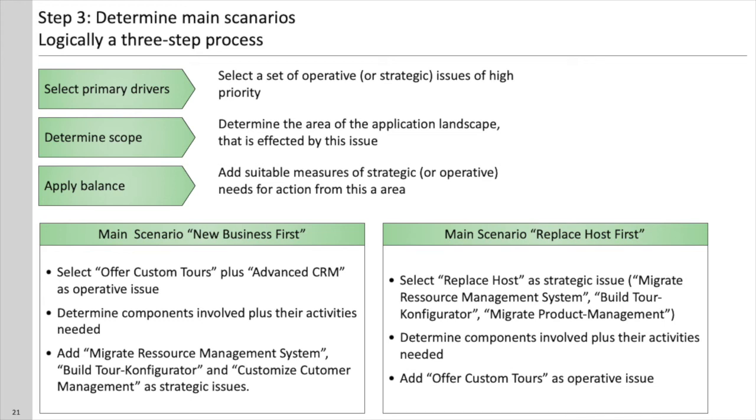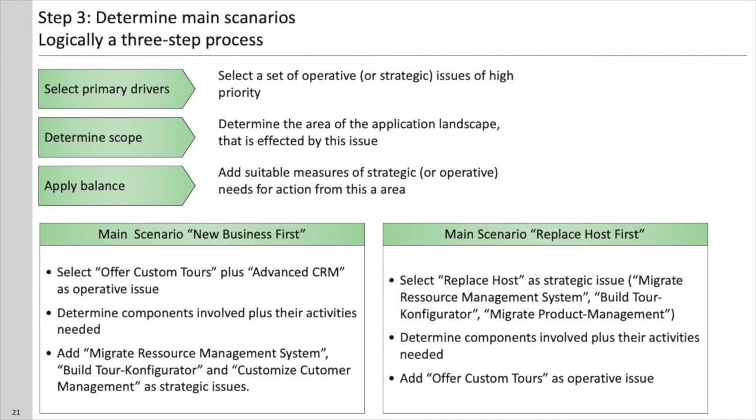These issues are all to be taken care of before we are really in the position to replace the host. And if this is our main driver, that leads to a special scope, and this scope is a little different from the new business first approach.